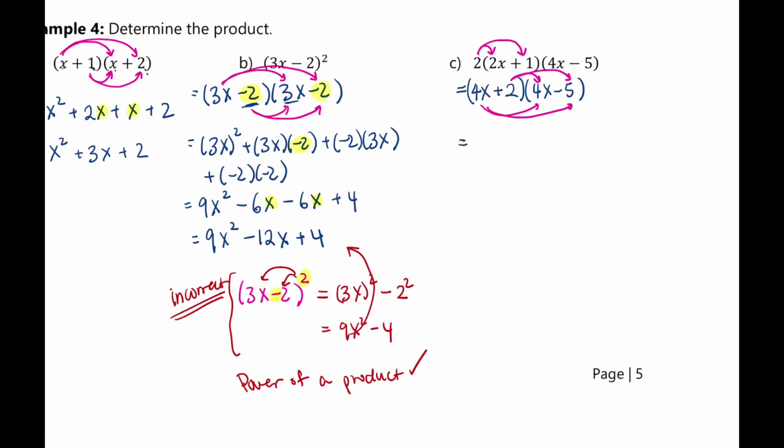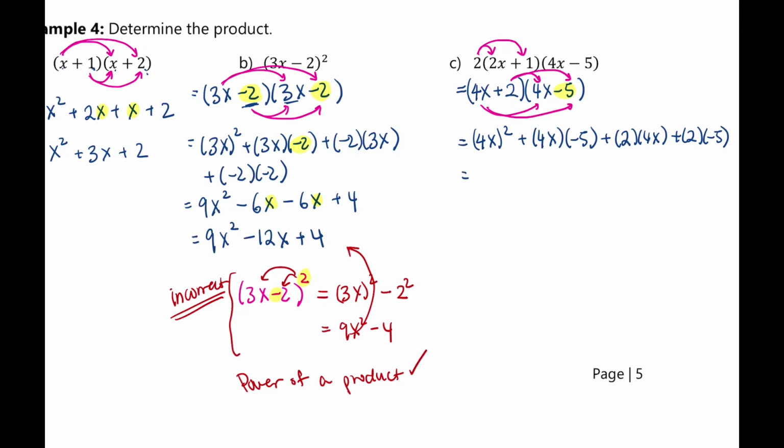We have 4x all squared plus 4x times negative 5. So this negative stays with the 5, plus 2 times 4x plus 2 times negative 5. We have 4 squared.